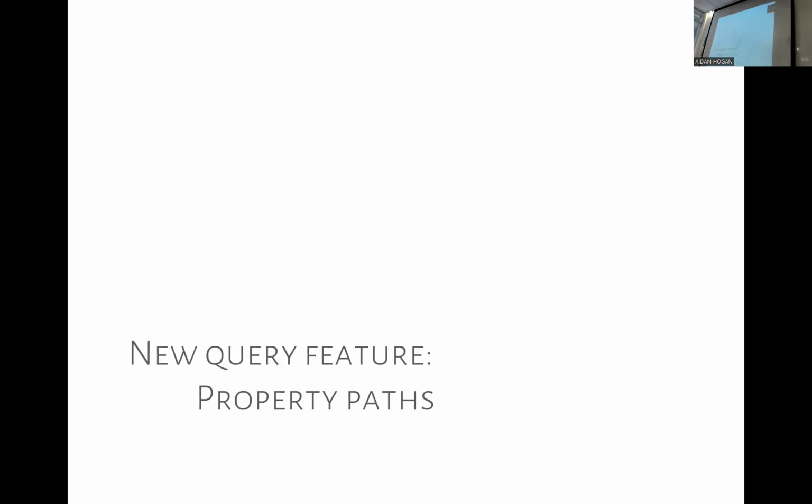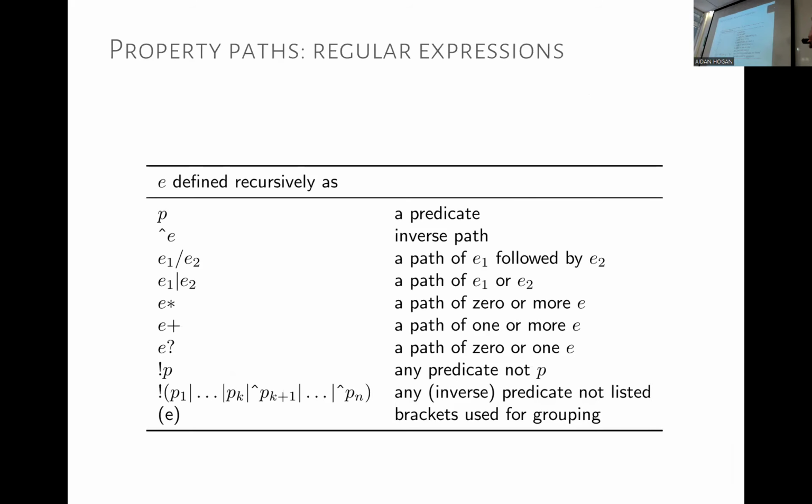One thing that's similar to SQL. One thing that's very different from SQL and from relational databases in general, and very common in graph databases, are property paths, allowing us to define our queries over paths in the graph. So we have essentially a language which is a regular expression over the predicates of a path.